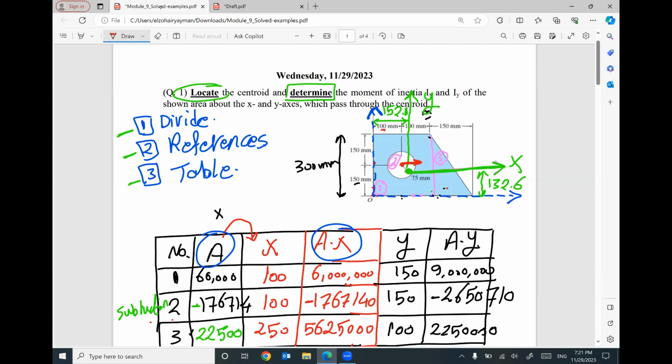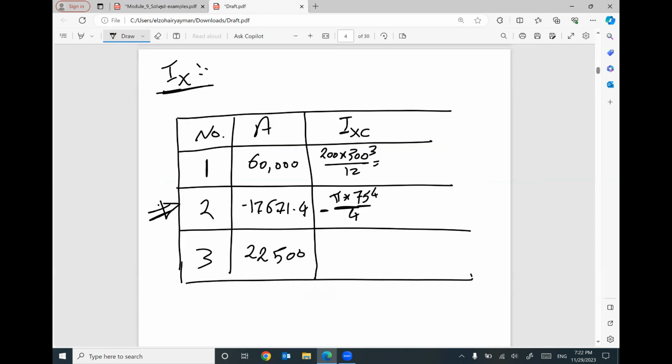Also, for the right angle triangle, if you assume your x-axis is here, parallel to the x-axis will be 150, times perpendicular cubed, 300 cubed divided by 36.